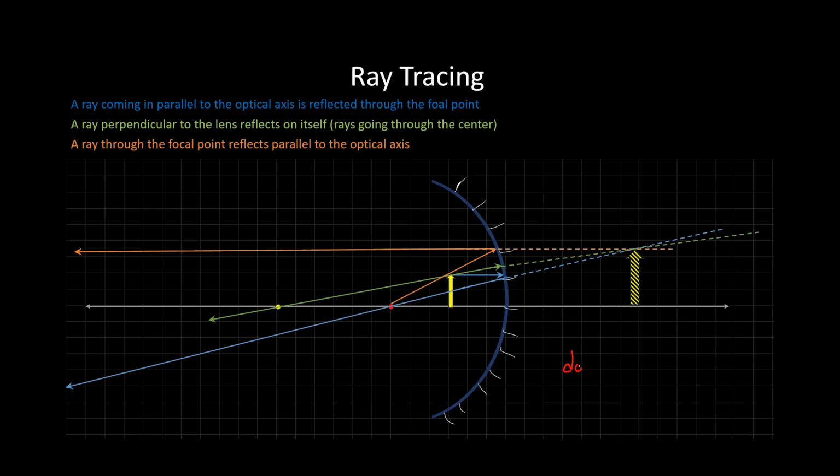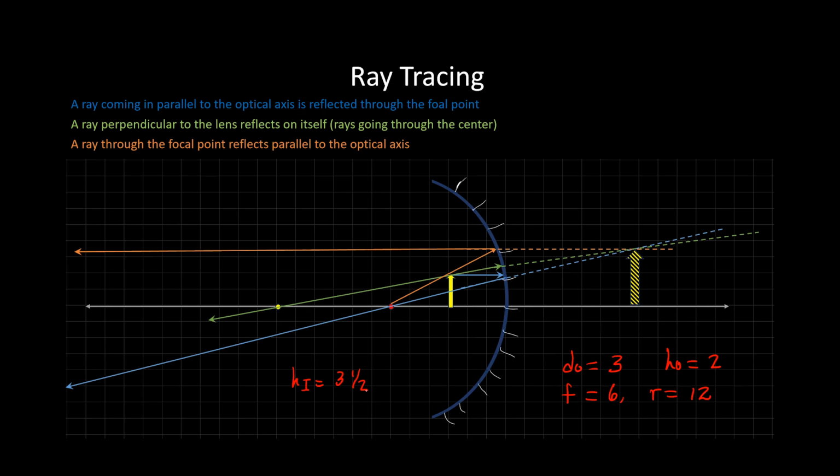Let's just rewrite things. So DO was 3 units. F is 6. They're all in units. R is 12. HO was 2. Now here HI, I don't know, maybe it's 3.5. So we got H sub I to be 3.5.